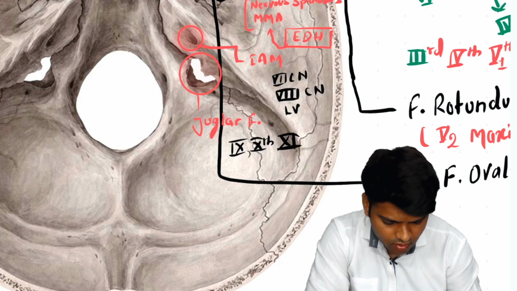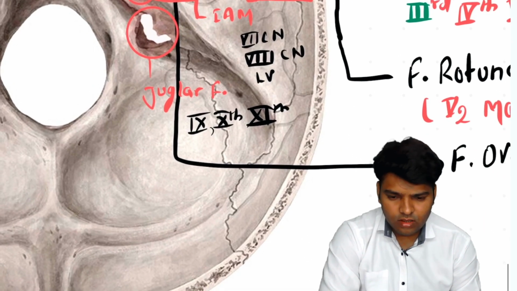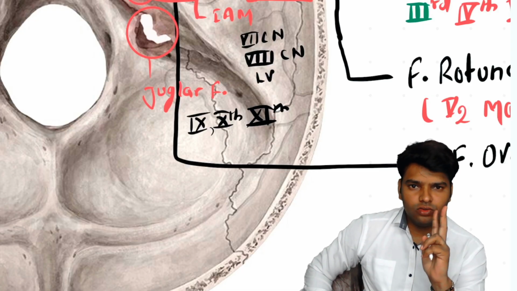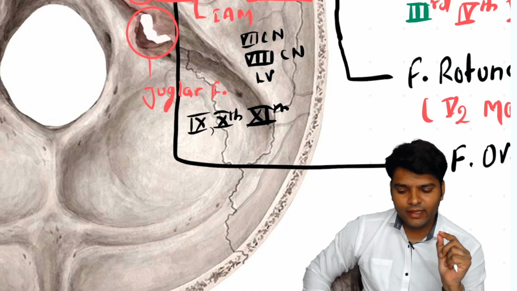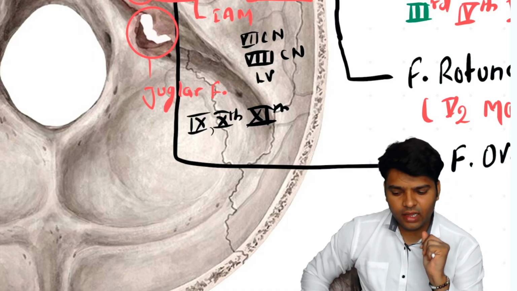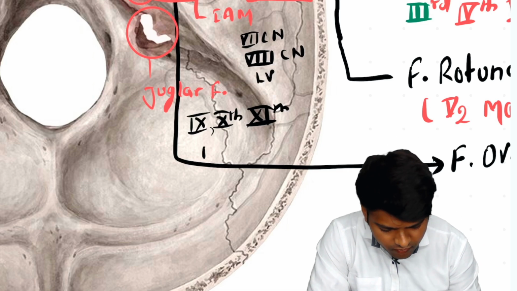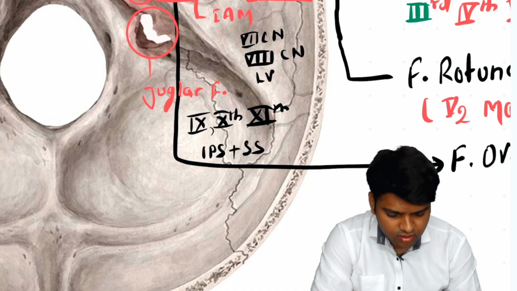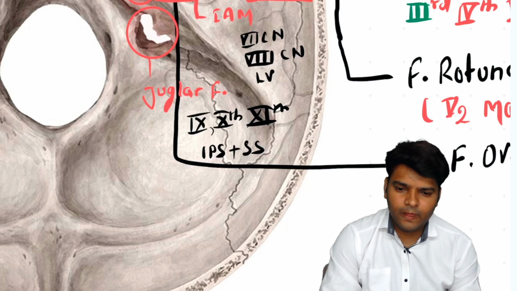These are the structures passing through the jugular foramen, and two more structures: the inferior petrosal sinus and the sigmoid sinus. Please note down the complete name in your copybook.